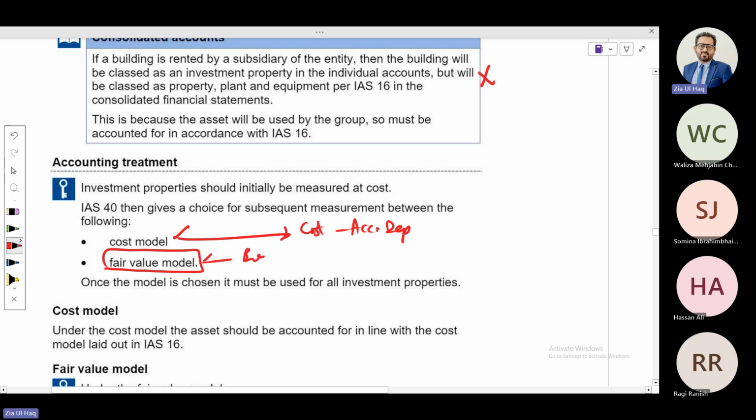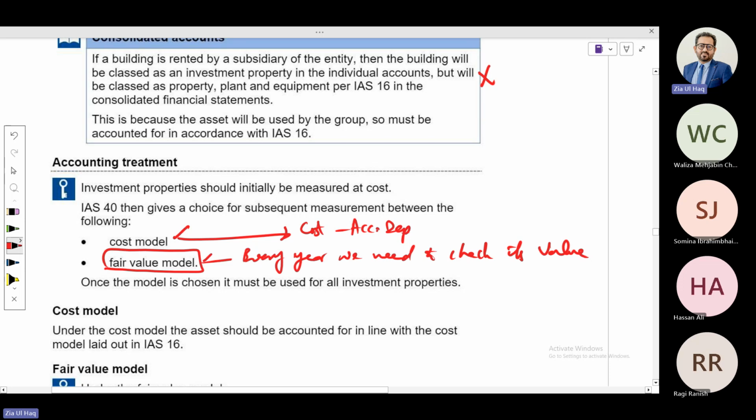Like every year end, we need to check its market value. If the market value is greater than its value in the books, there will be a gain. The gain should be recorded in profit and loss account as other income. If market value is lesser than the book value, there is a loss. We need to record it as loss on investment property in profit and loss account.